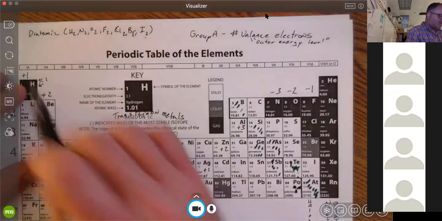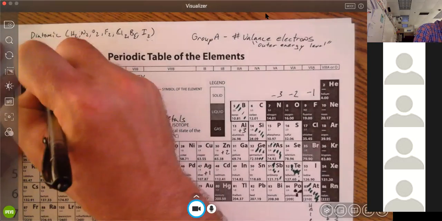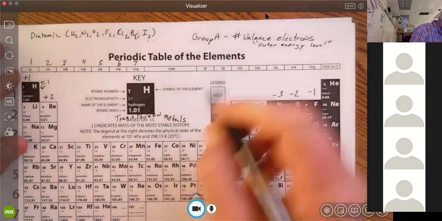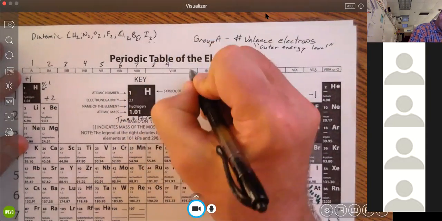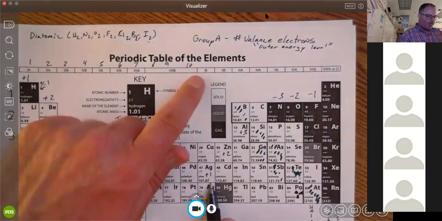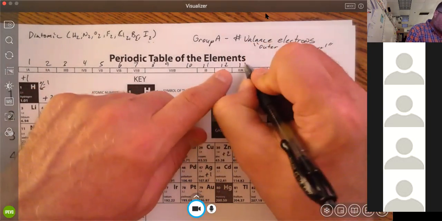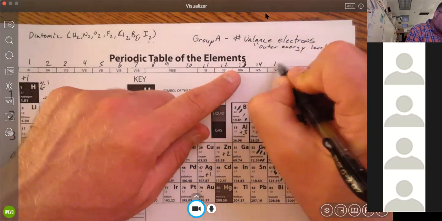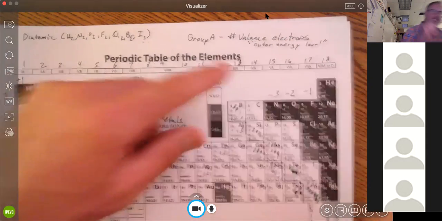Last thing we can do is, if this is group 1A, we could also call this group 1. This group 2, group 3, group 4, group 5, group 6, group 7. We're going to subdivide these. This is group 8, 9, and 10. Group 11, group 12, group 13, group 14, group 15, group 16, 17, and group 18.